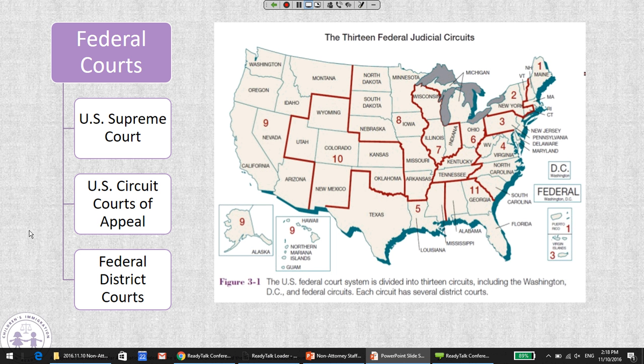All of these circuits have total control over the states that are under them as far as the federal system goes. And again, I'm just telling you this so you hear us when we're talking about, is it a Fifth Circuit case, is it a Ninth Circuit case, why does that even matter sometimes, right? These are the kind of things that I want you to be able to understand when listening to maybe some of the decisions that are getting made about how to go through the case.